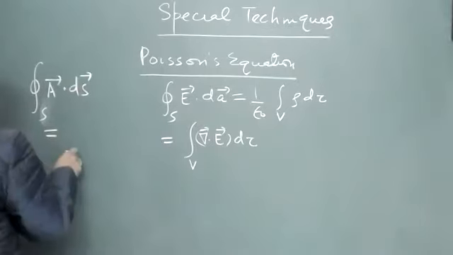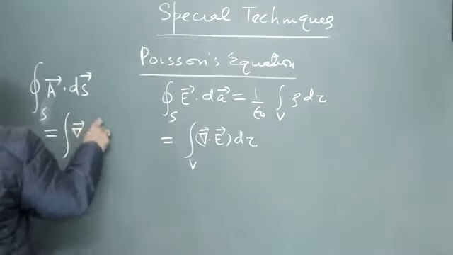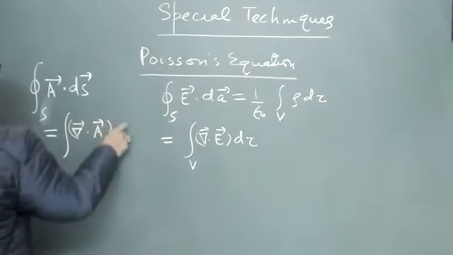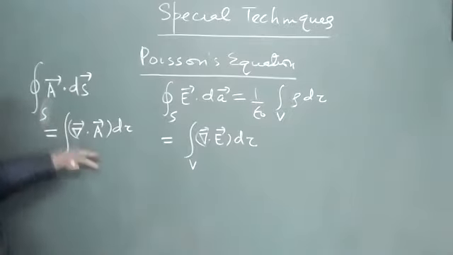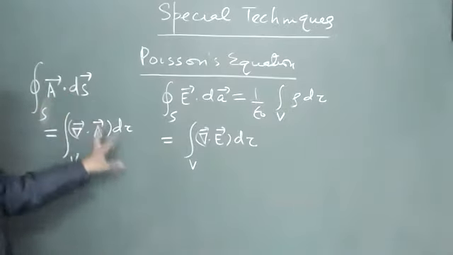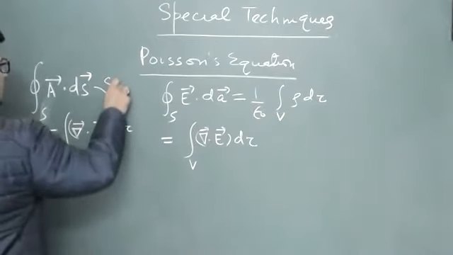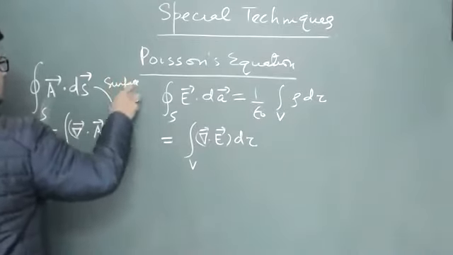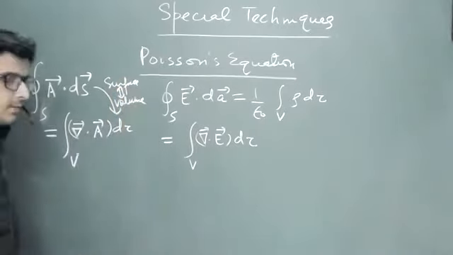This will be equal to integral del dot A in some volume d tau. So this conversion can be done. This is surface integral, this is volume integral. So what is Gauss divergence? It is conversion of surface and volume. Volume can be converted to surface, and surface can be converted to volume.